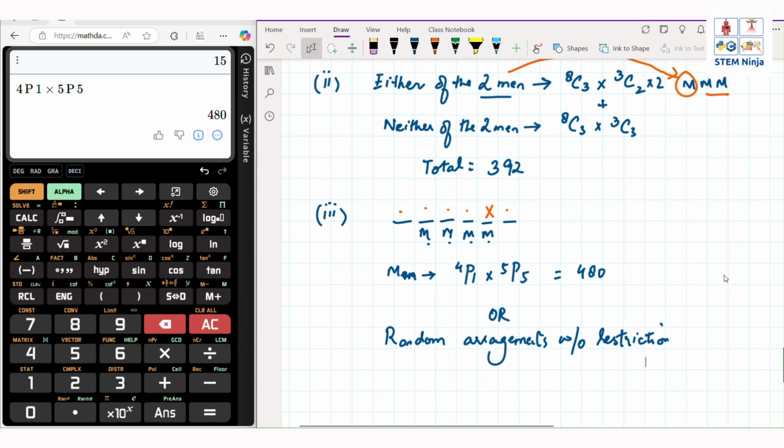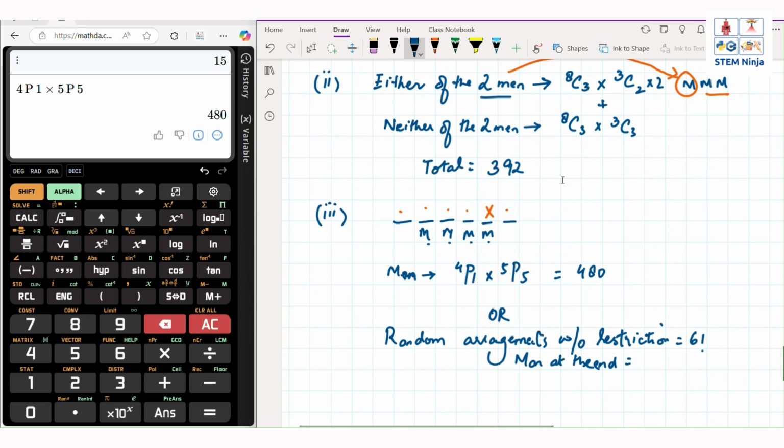So that would be just 6 factorial, right? And if we have a man at the end, at either ends, because we will have 2 cases, either end.